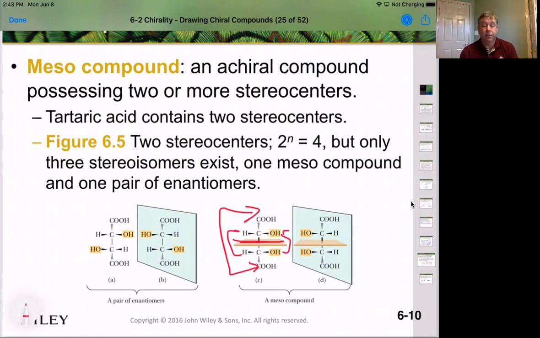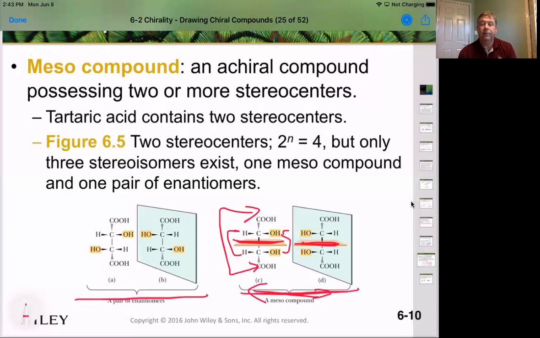And if it's superimposable, that means it is not chiral. We drew the mirror image over here, but because the mirror image has that same plane, we actually can superimpose those two images. That means this isomer of the diastereomer set is actually not chiral. So that means this pair of enantiomers are chiral.